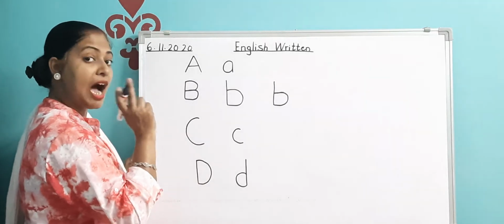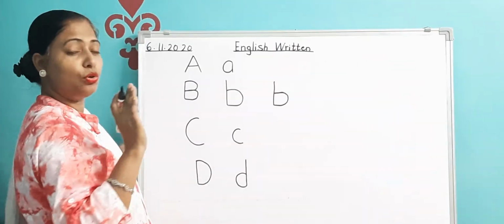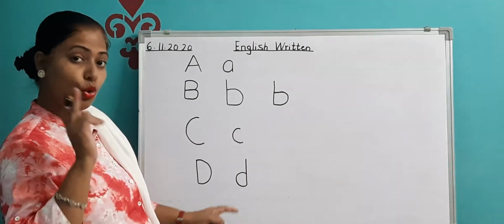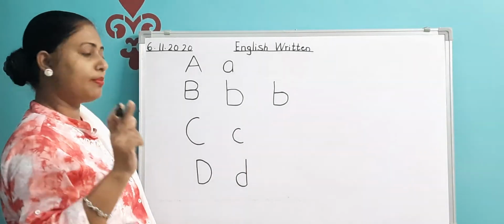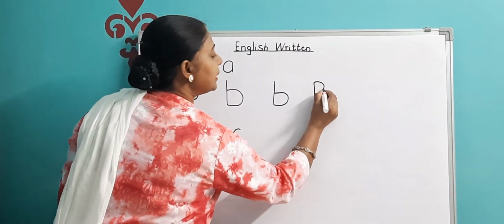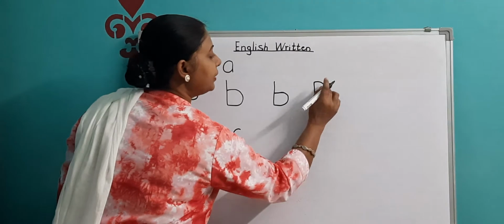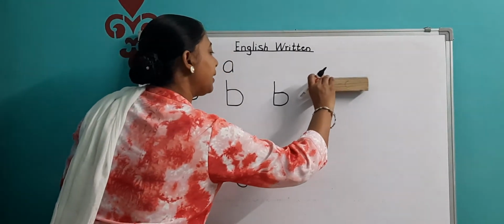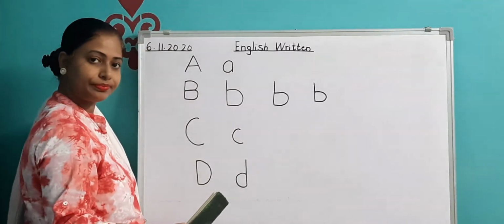Always remember this. Most of you children get confused between small b and small d. Don't get confused. Just remember, for b, you first make capital B and then remove this upper part, and it will become small b.